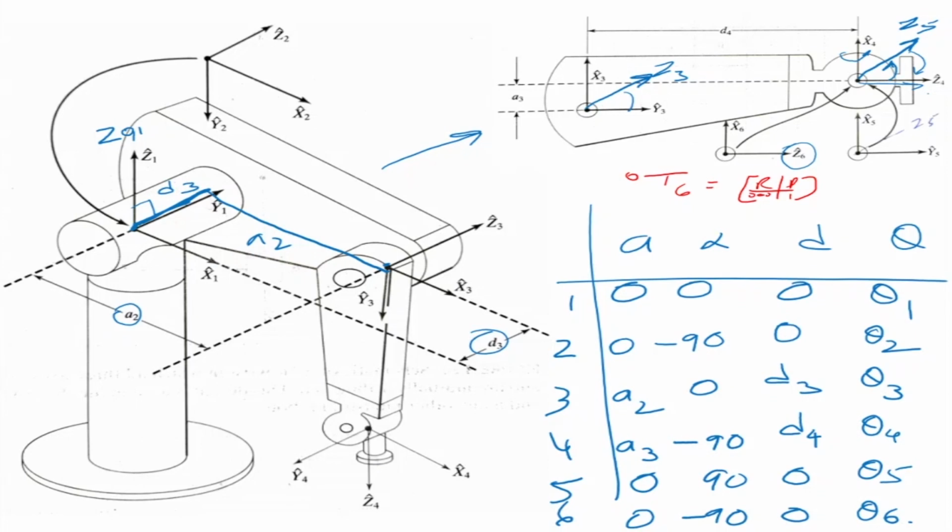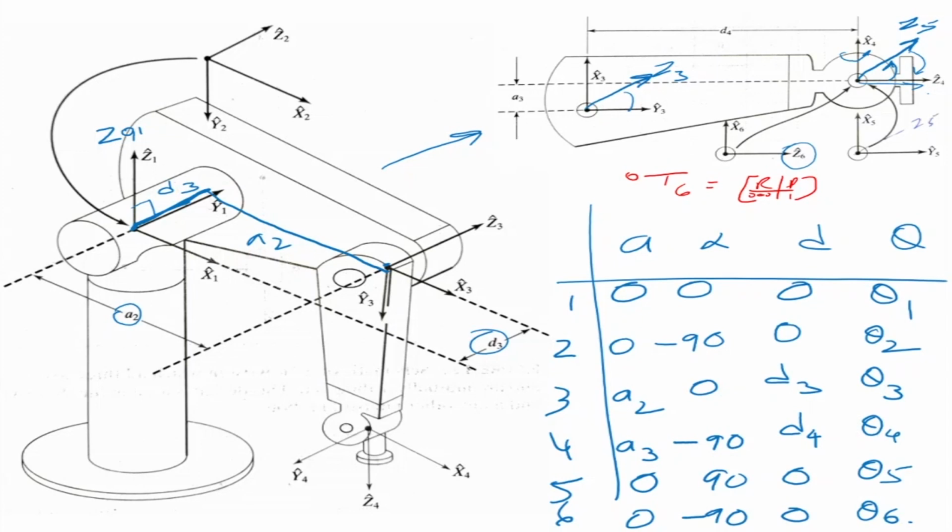So if I find the link-to-link transformations, multiply them out, and then try to equate it to the desired position orientation of the end effector, and solve equation by equation, we will not be able to solve for this kind of manipulator. So the solution for every manipulator could be different, or you have to be very, very observant to see how the equations are and then try and solve.